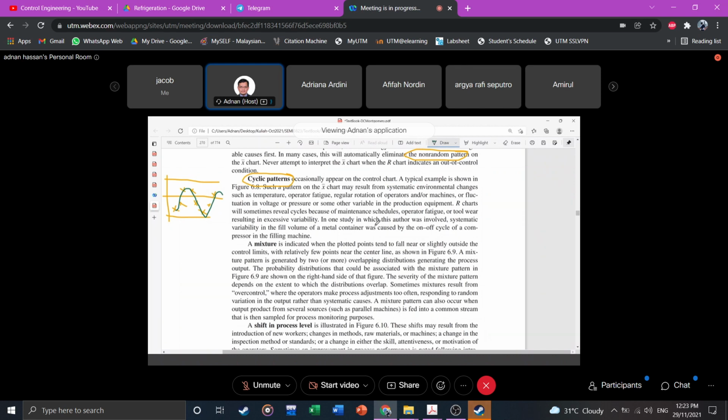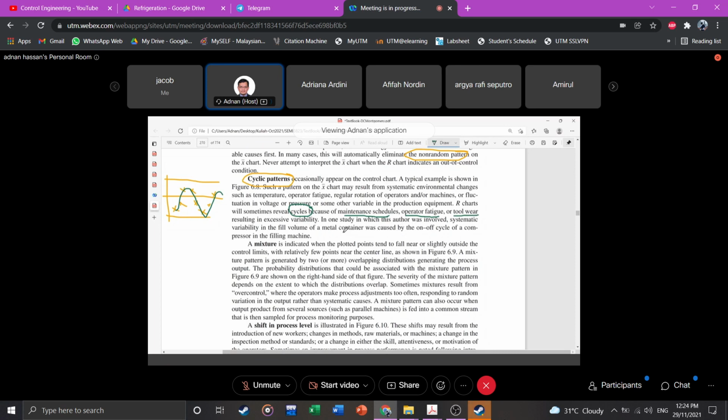A possible reason for this cycle is perhaps the maintenance schedule has arrived and we need to do maintenance, or maybe the operator, the worker, is already fatigued. Maybe in the morning he's working very well, in the afternoon his performance is down. Or also maybe tool wear.